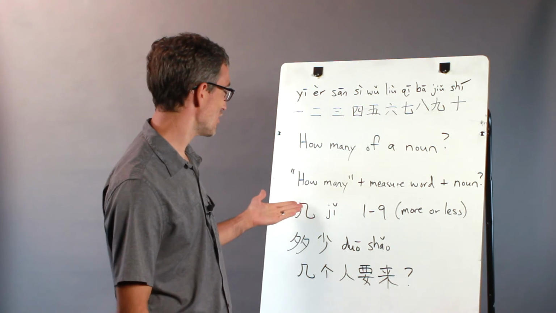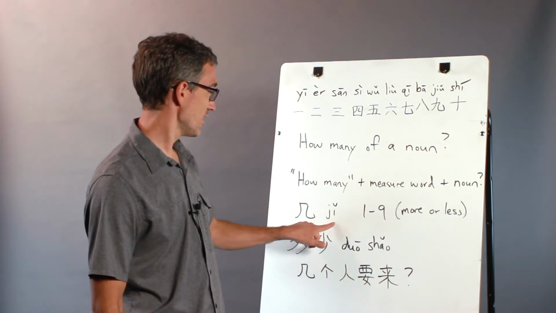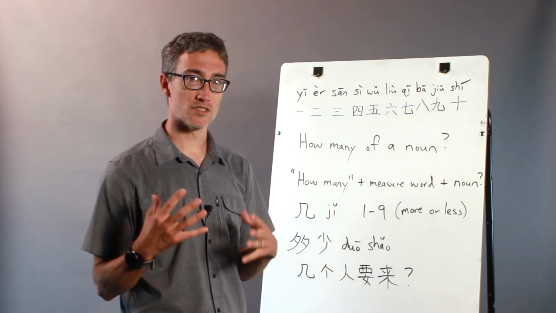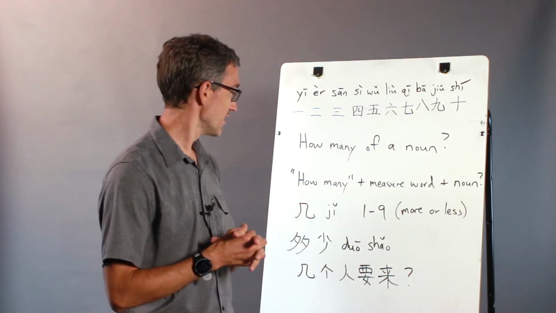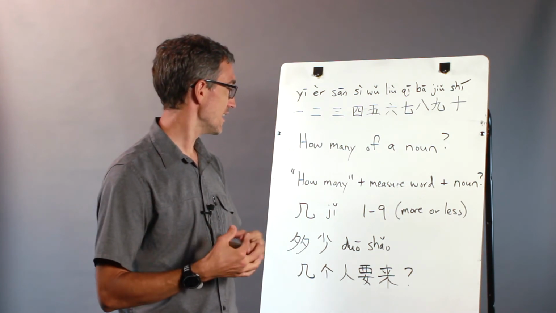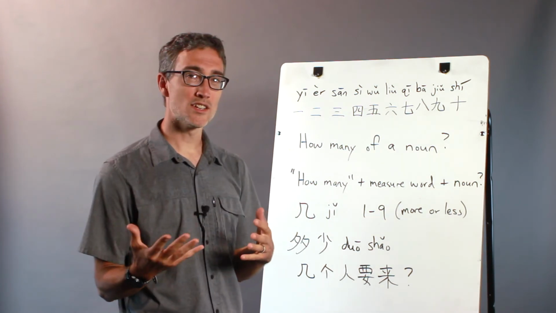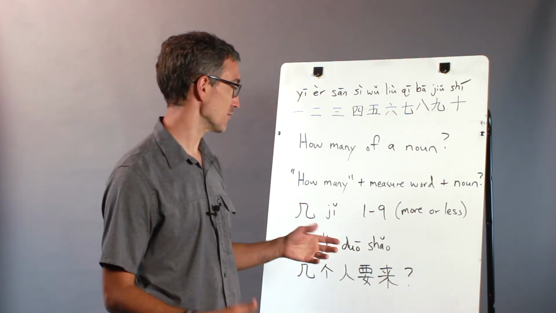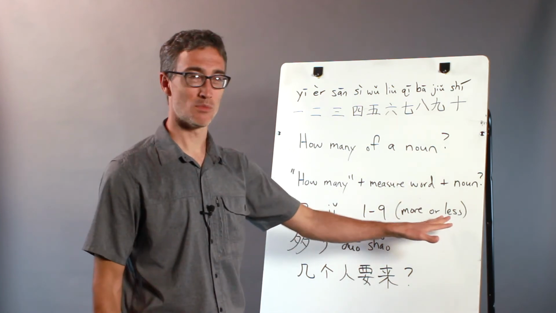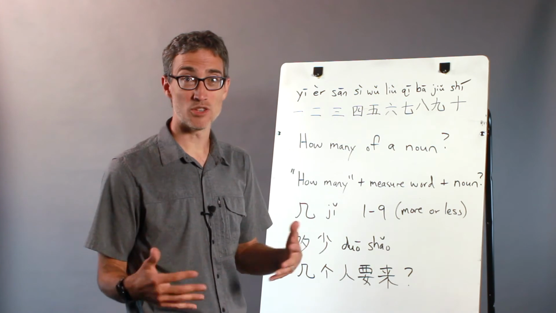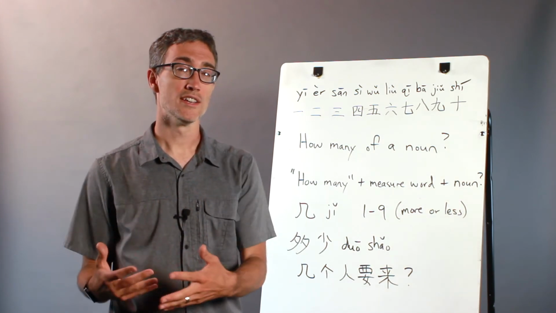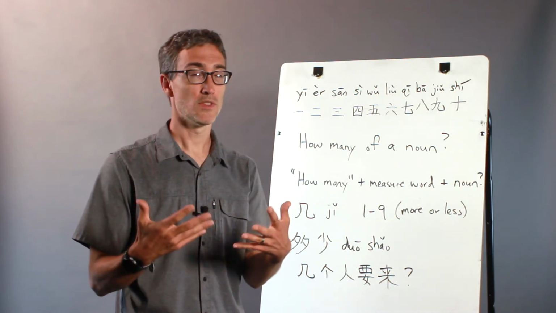So we have ji right here. This is a very small little word that means how many, and you ask it when you expect the answer to be relatively small, like 1 to 9, more or less. You expect the number to be small, and so you can use the word ji to say how many.